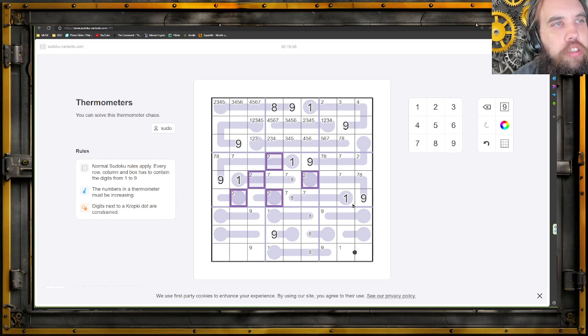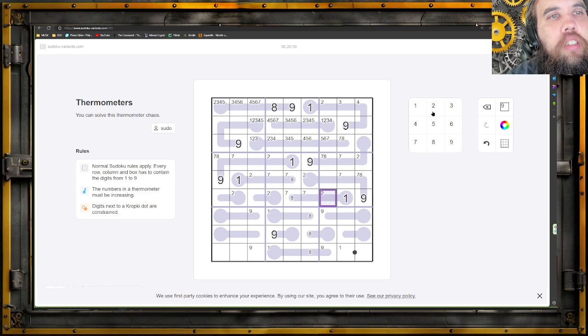2, 2, 2, yes. So two's in one of two spots here. One of two spots here. One of three spots here, right? Can't get an X-wing or anything out of any of it.